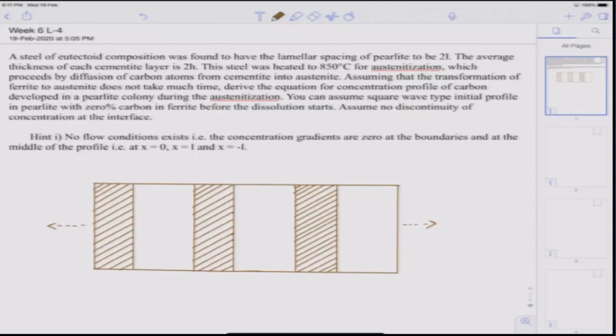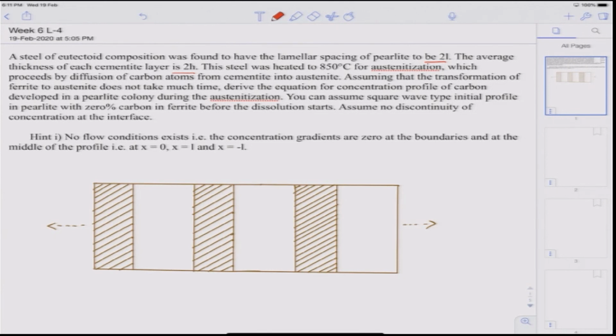So, the problem is: a steel of eutectoid composition was found to have the lamellar spacing of pearlite to be 2L. So, the period here is 2L. The average thickness of each cementite layer is 2H. This steel was heated to 850 degrees centigrade for austenitization, which proceeds by diffusion of carbon atoms from cementite into austenite.